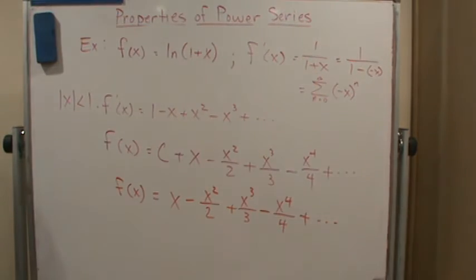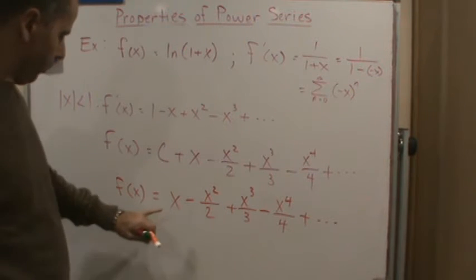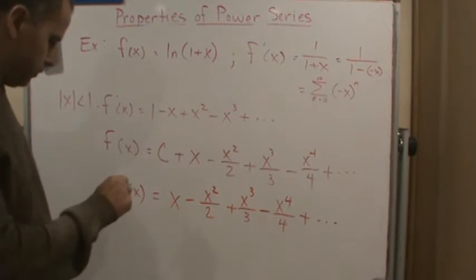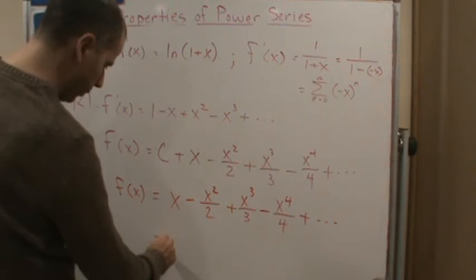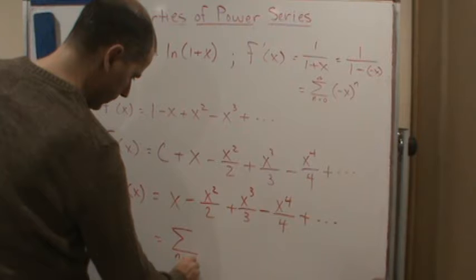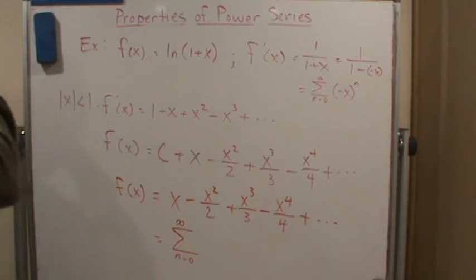Okay, so now, what does this give us, though? Well, first of all, we've got an alternating series that starts at x, positive. So if we're going to write this, let's write it as the sum from n equals 0 to infinity.